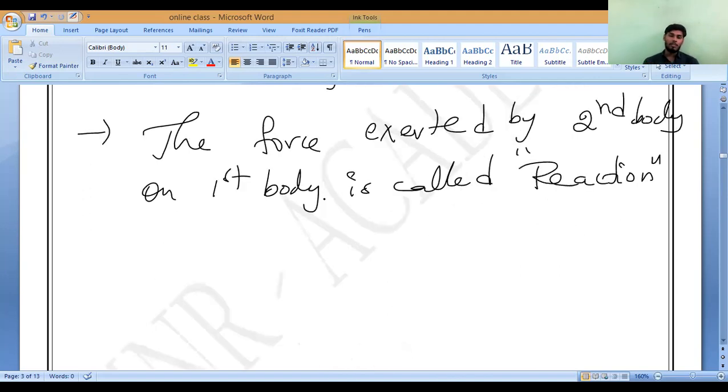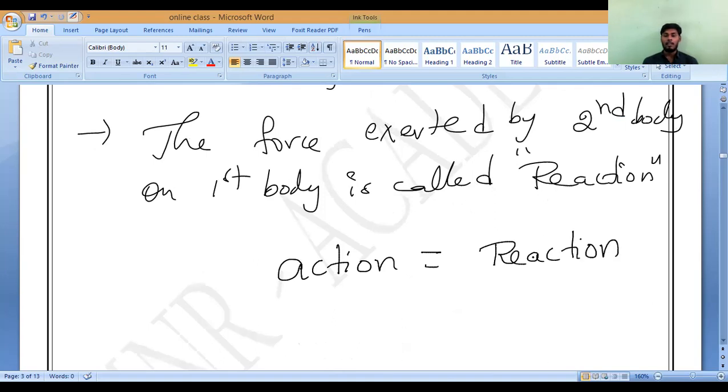So from this I can conclude that every action, if there is an action, then definitely there will be a reaction in the opposite direction, opposite to the action side. That is why I can represent it with a minus sign.